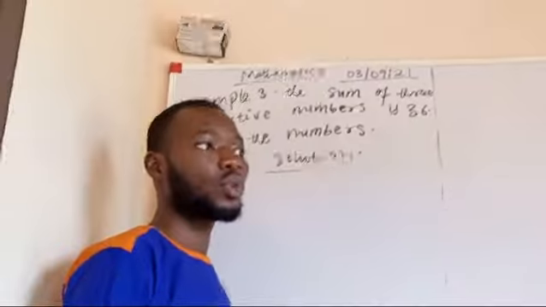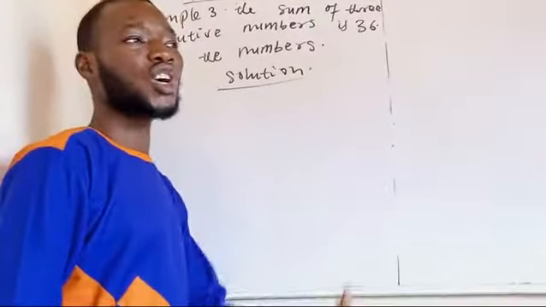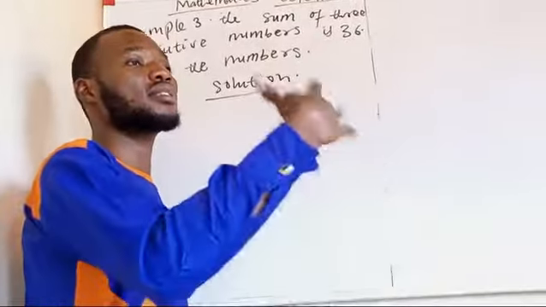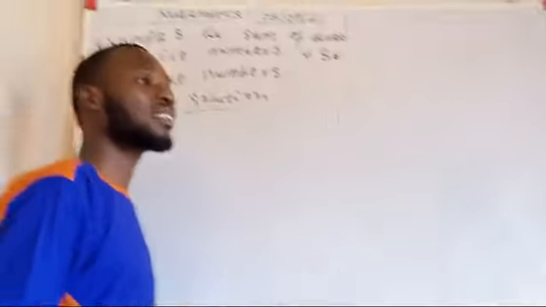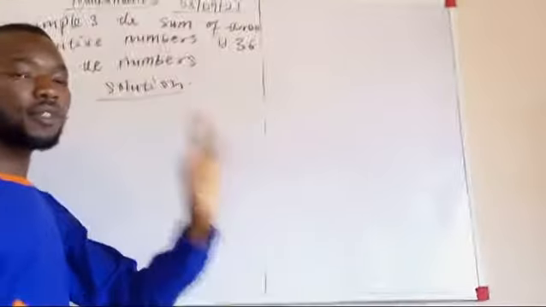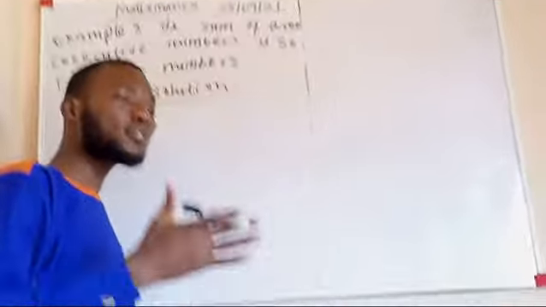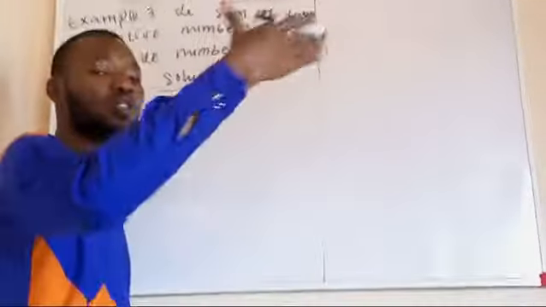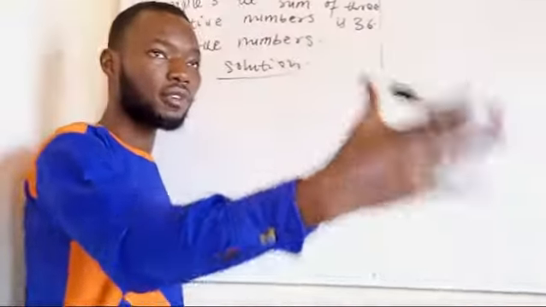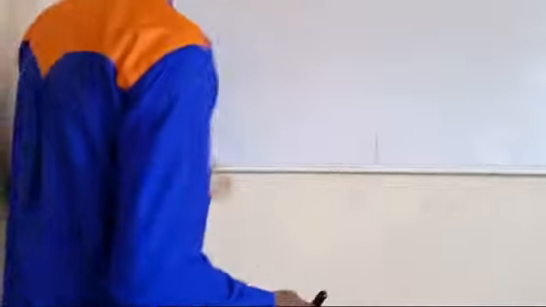Like 1, 2, 3. They are consecutive numbers. Or 15, 16, 17. You cannot say that 10, 12, 15 are consecutive numbers. So consecutive numbers are numbers that are in order, like 1, 2, 3, 4, 5, or 7, 8, 9. You understand now? So let's go to the statement.